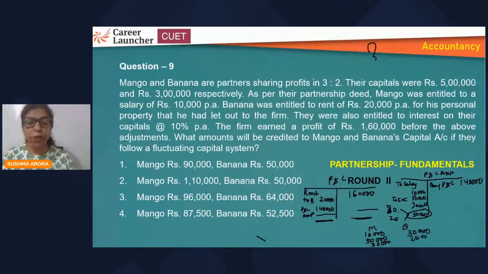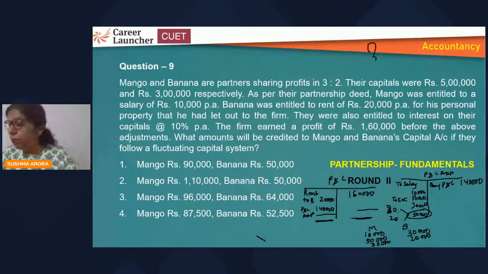So your answer will be 90,000 and 50,000, that amount credited. If they ask you for the final balance, then you will add the capital. So our answer is A, and many students gave the correct answer, that is A.